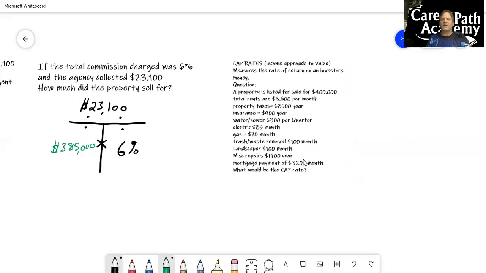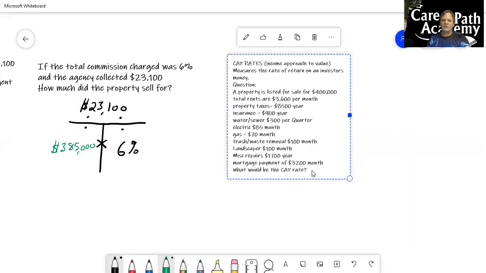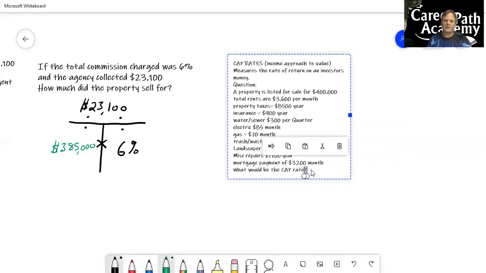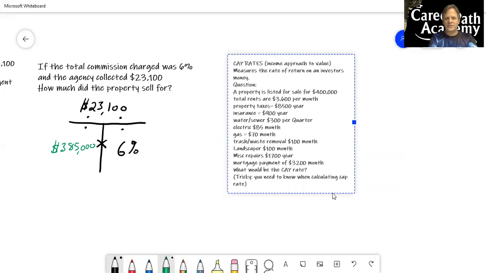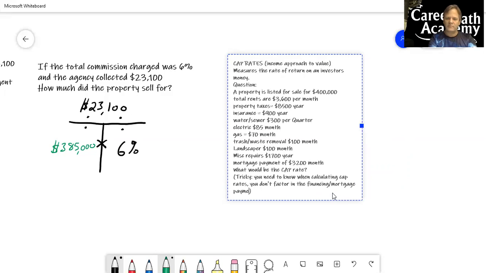Now, I'm gonna tell you something. There's a trick to this. There is a little trick built into this problem, and I'm just gonna write it right here. The trick is you need to know that when calculating cap rates, you don't factor in the financing / mortgage payment.